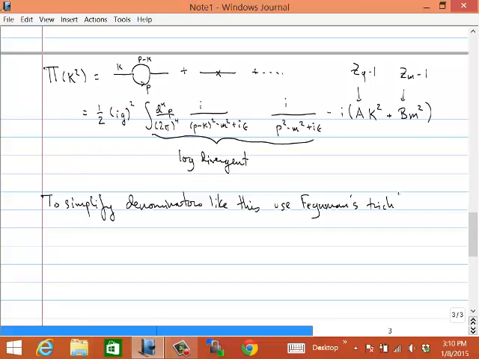I don't think it has any fancier name. It might be called Feynman's denominator formula. I'm not actually sure. And the formula is a very simple formula that one can easily prove to oneself. But you're going to prove it on the next problem set.